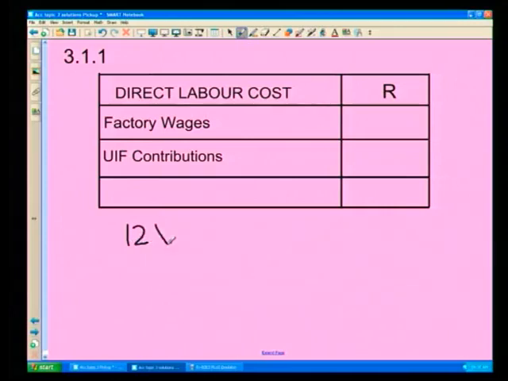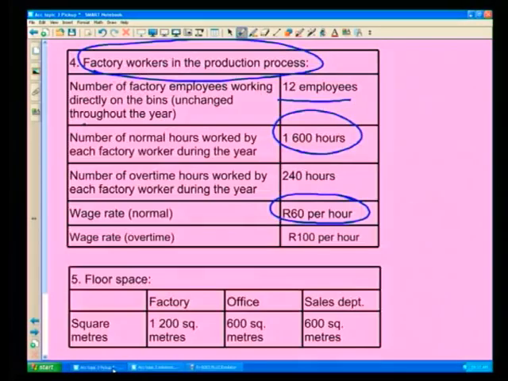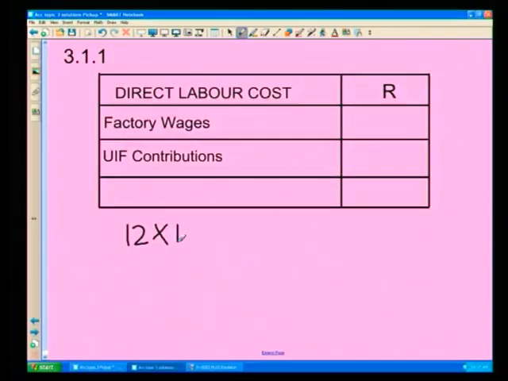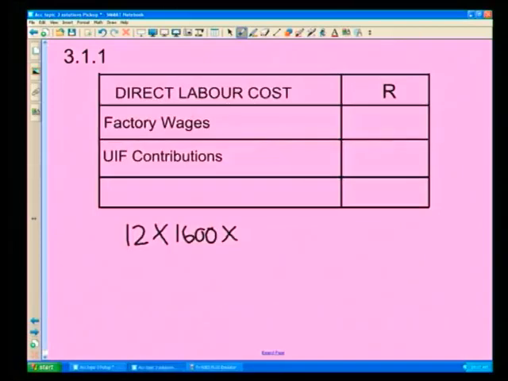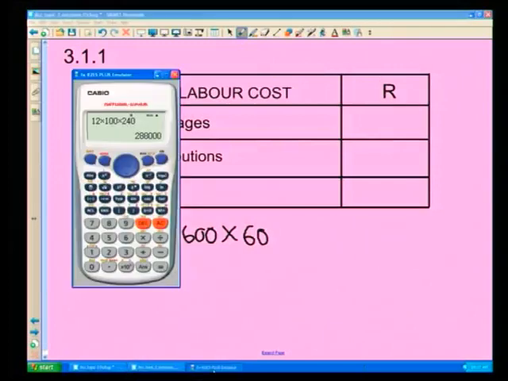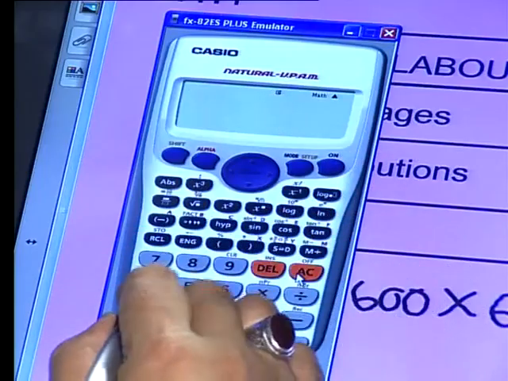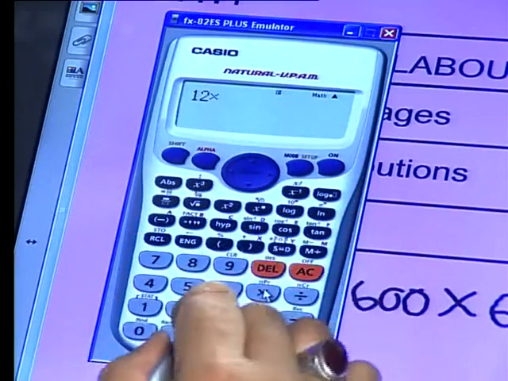Come on, can we do the calculation? Do we have the information? Certainly we have. What do we know? We know that we have 12 workers, don't we? Times, what did we say? Each one worked how many hours? 1,600. So back into my calculation, times 1,600 times the rate. Yes, what was the rate? They worked at 60 Rand per hour.